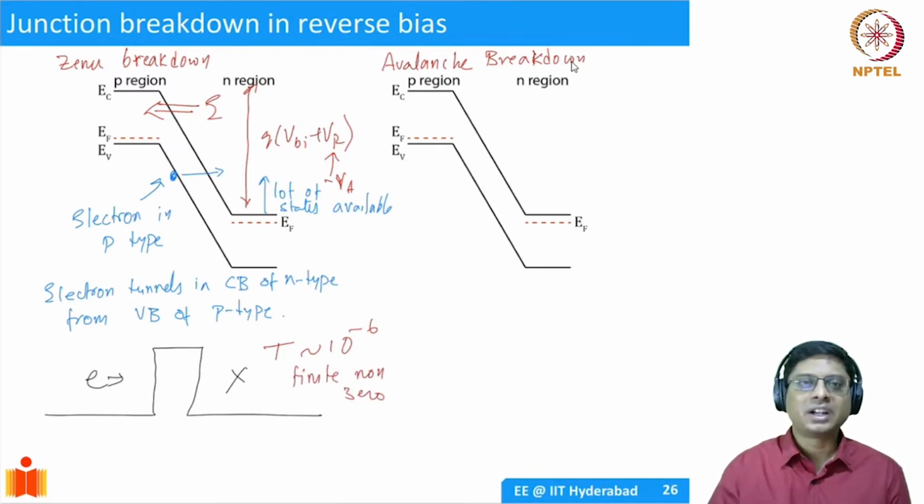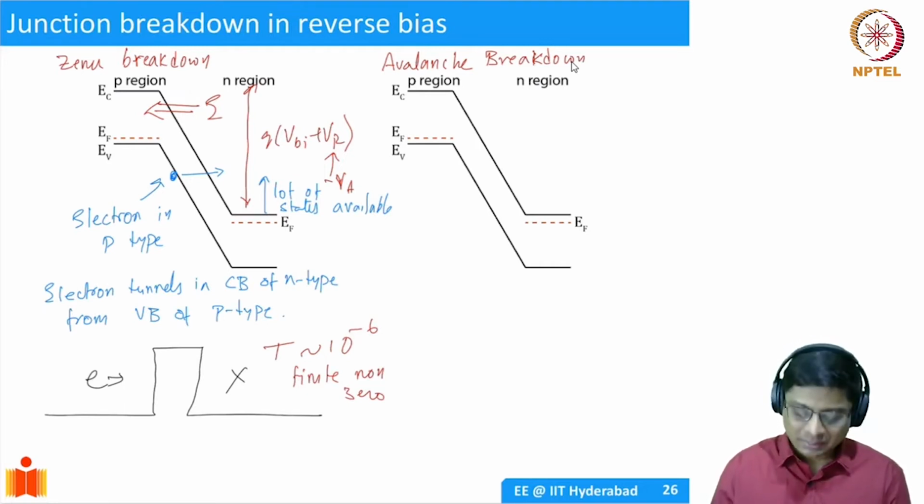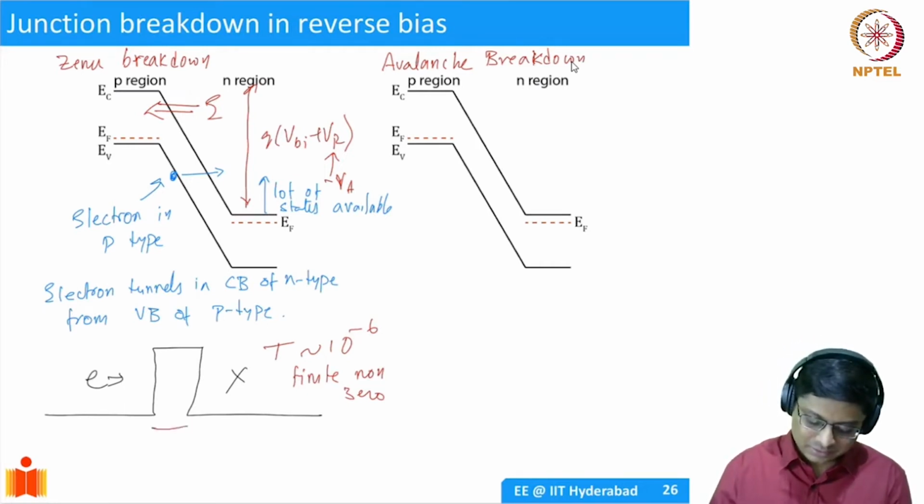What happens if you have that probability? Well, if you have 100 electrons, one of them is going to come. And the valence band is full of electrons, right? We have 10 power 22, that's the number of lattice atoms, right? And each of them has 4 electrons. So they can tunnel into the other side. So a lot of current can flow. And this depends on the barrier width.